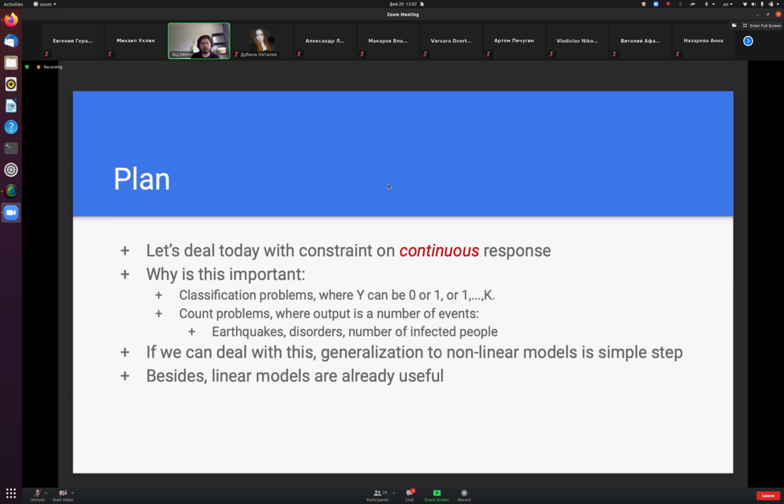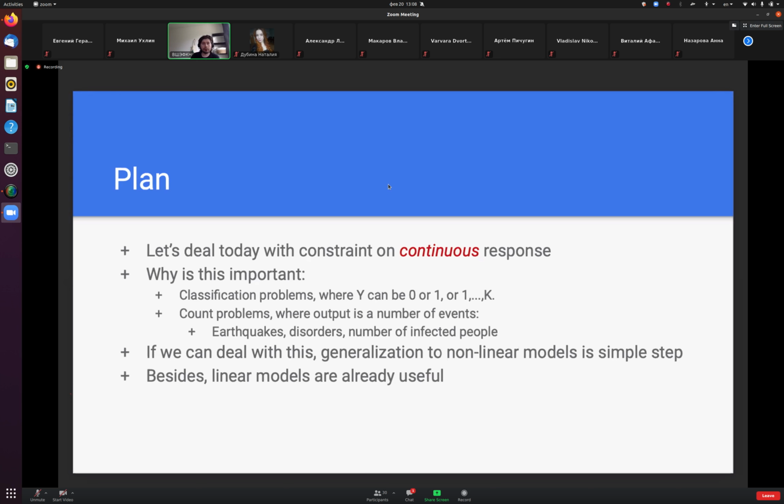Another example, maybe not so far discussed in an introduction to machine learning course, but still a very practical problem, is count problems, when we would like to count the number of events that occur in some time.